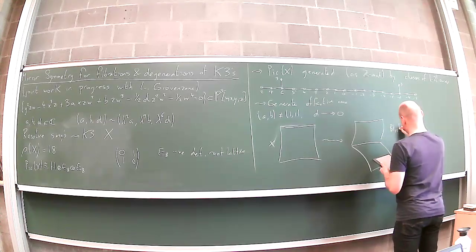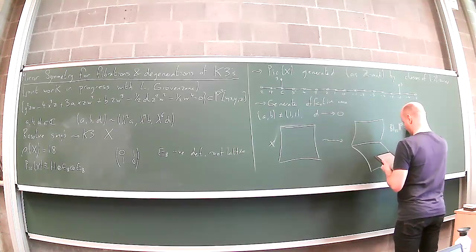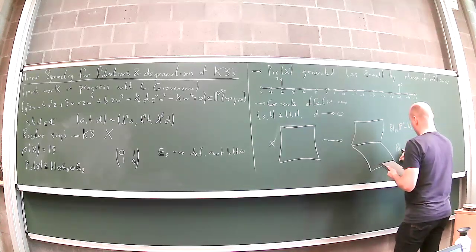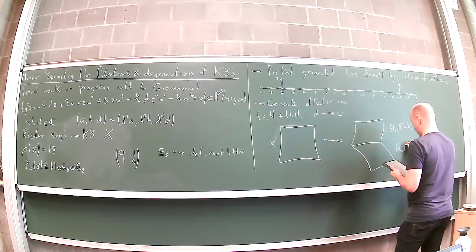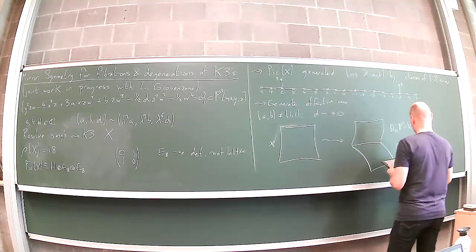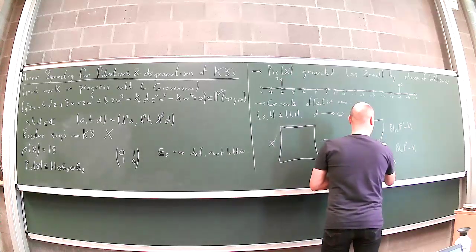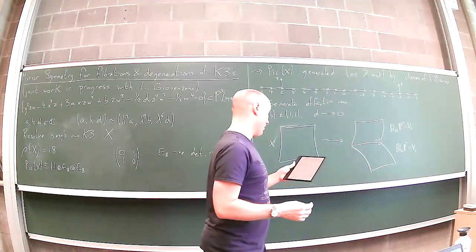This is a blow up of P2 in 12 points, and I will call that V2. This is a blow up of P2 in 6 points, otherwise known as the Del Pezzo surface, and that I'll call V1. This double curve here has self-intersection -3 in one component, +3 in the other.